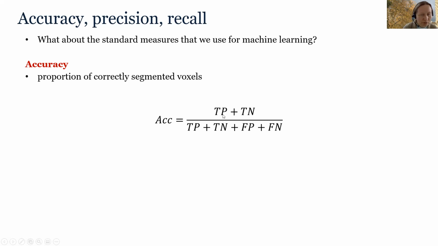True positives are correctly segmented voxels, and true negatives are correctly segmented background voxels, so the voxels that were correctly not segmented. And then this is divided by all the voxels in the image.